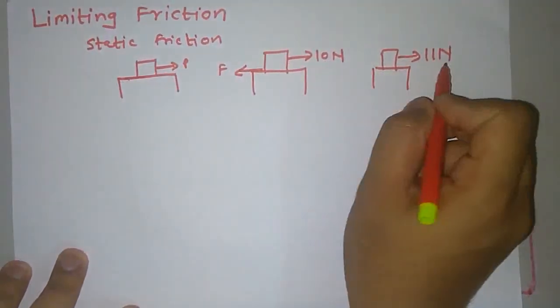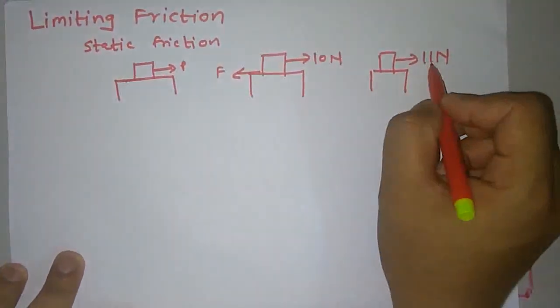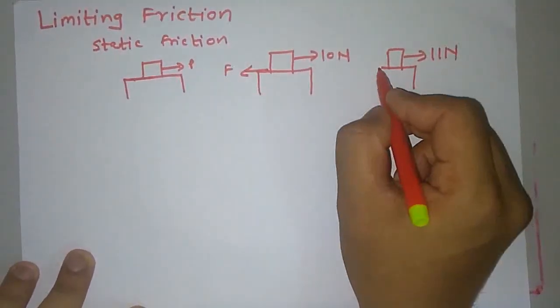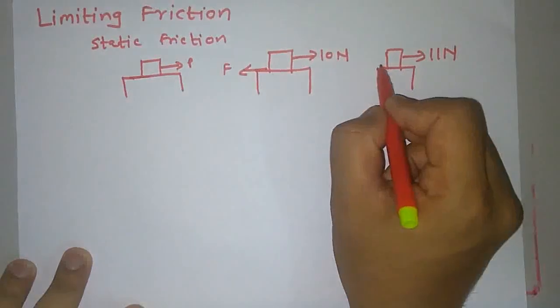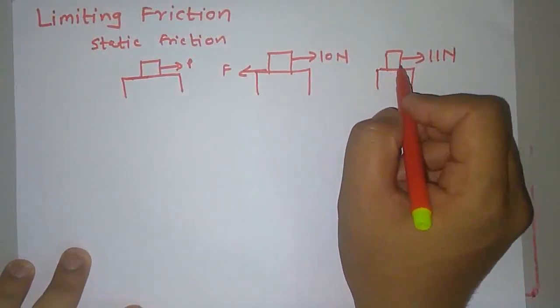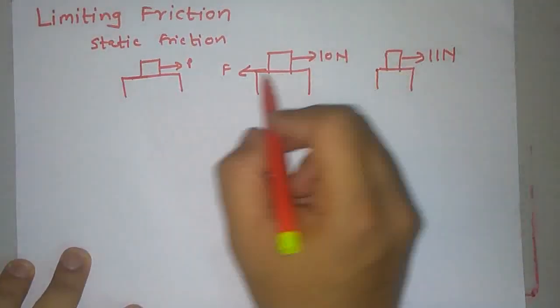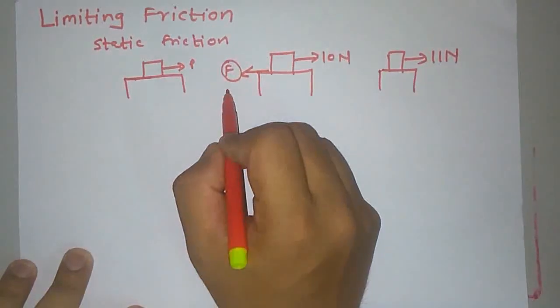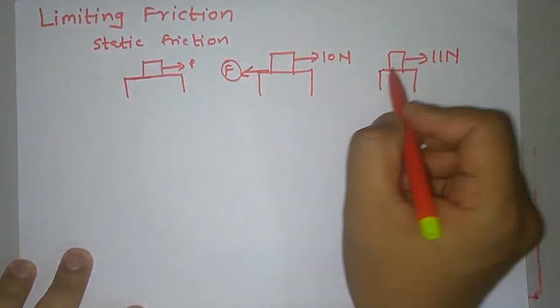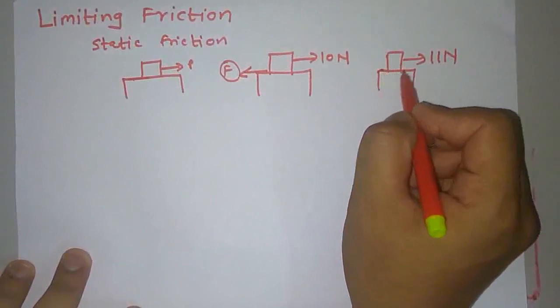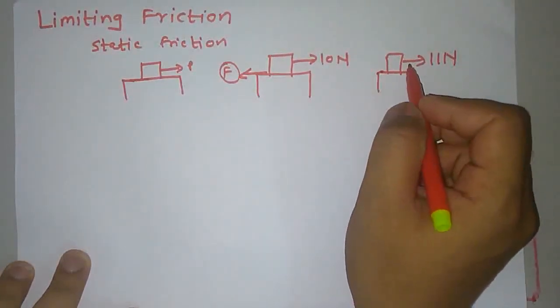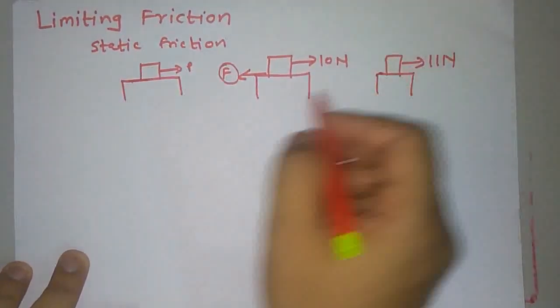I am taking these values just as an example. So I am increasing the force, and though I am increasing it, this block is not moving. So what is happening here? This opposing force, that is the frictional force, is increasing its magnitude so that this block doesn't move.